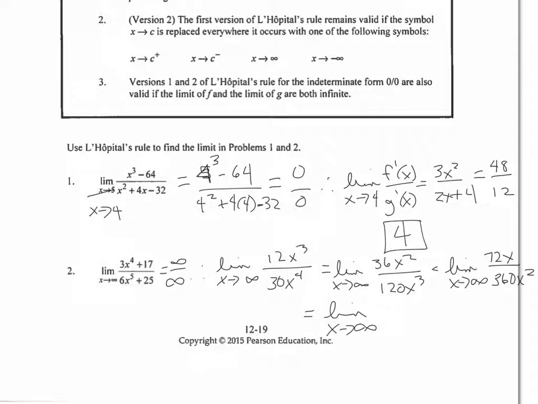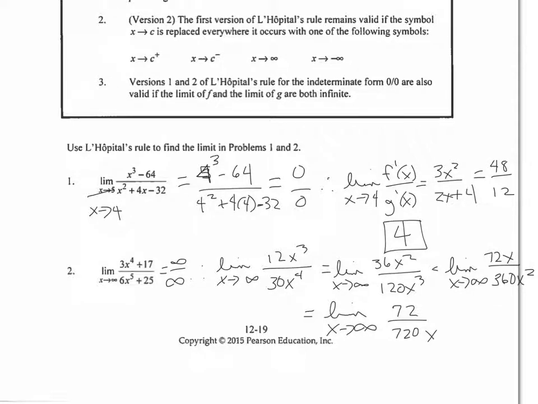What's my numerator now? 72 over, what's going to be my denominator? 720x. Now, at this point, I have 72 divided by infinity.